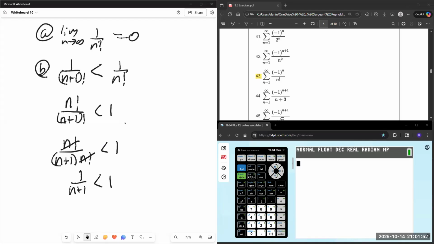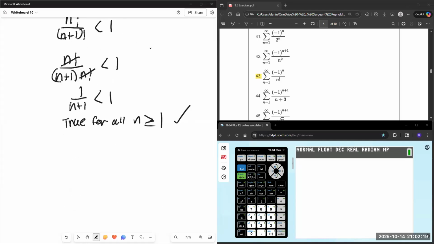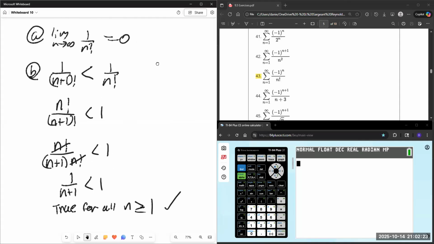That's true for all n greater than or equal to 1. Not going to be true for 0, but we aren't starting at 0, we're starting at 1. So this is great. We have met our second condition as well. So this converges. Was this alternating? Yes.